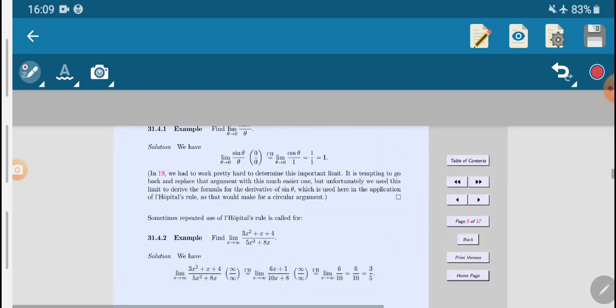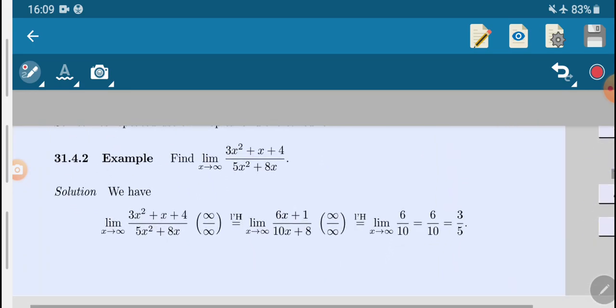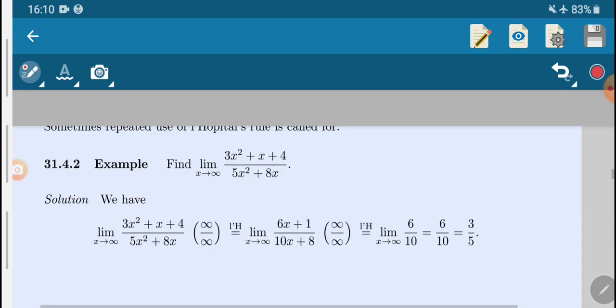And now another problem. Let's determine the limit as x tends to infinity for this quotient. Okay, we have a previous way. We divide by the greatest power in the numerator and the denominator, and the answer will be 3 over 5 directly. But if you replace x by infinity, the answer becomes infinity over infinity, also 0 over 0.